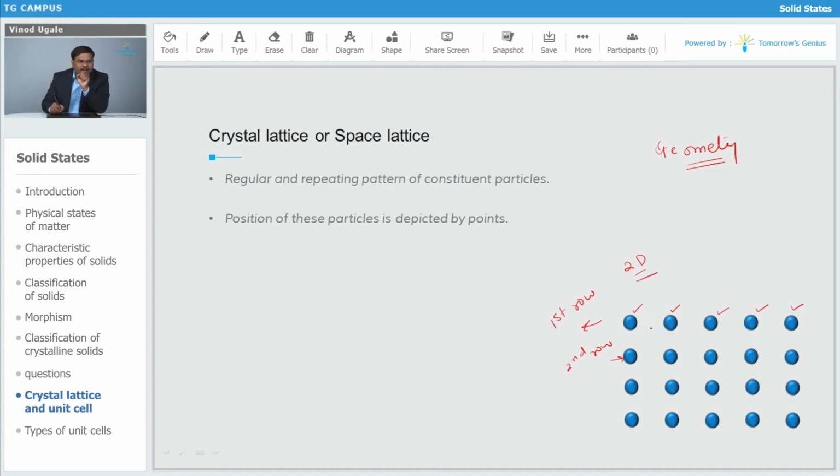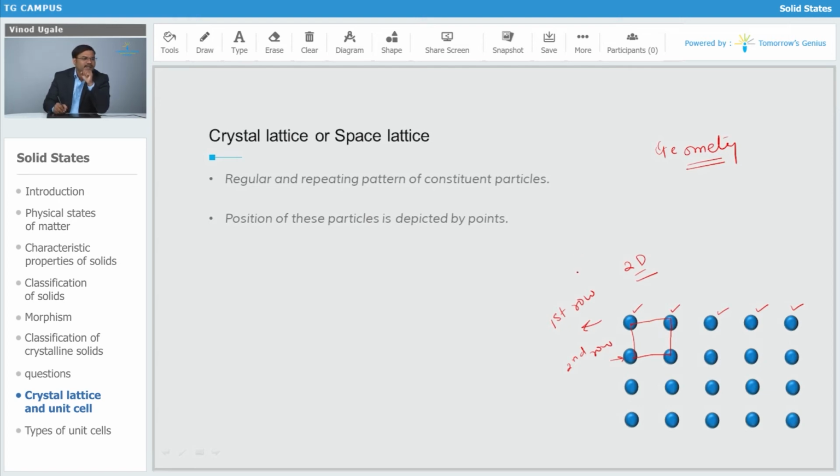If I connect the centers of these particles, you can see that I am going to get a square. So we can say that the shape or the geometry is going to be square.